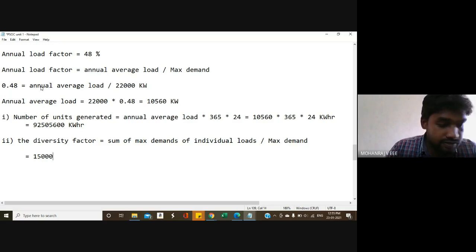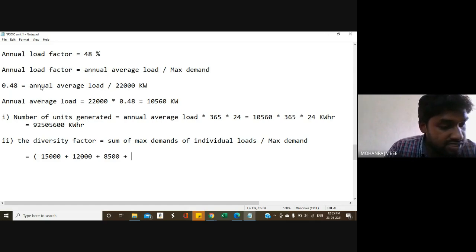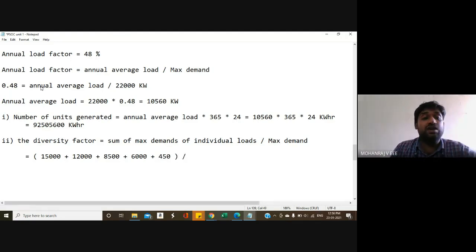So the sum of maximum demands of individual loads is given by 15,000 as the first load, the second load is 12,000, the third load is 8,500, the fourth load is 6,000, then the last load is 450, divided by the maximum demand. What is the maximum demand? Maximum demand is given as 22,000.